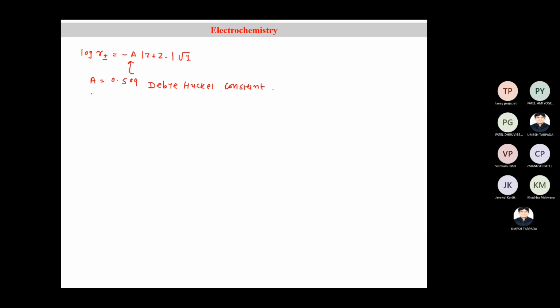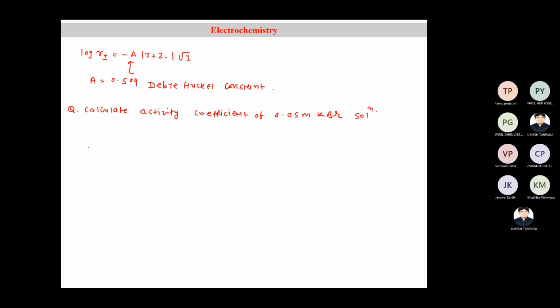Now I want to calculate the activity coefficient of a 0.05 molar KBr solution.